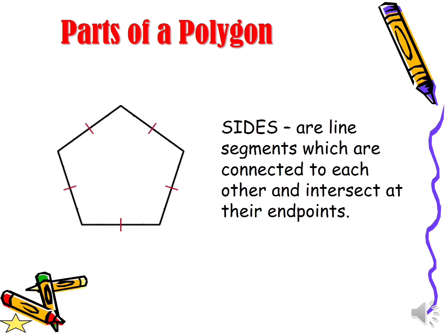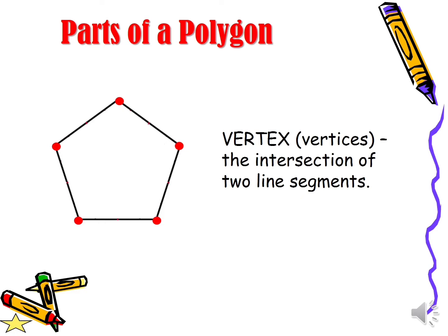Sides are line segments which are connected to each other and intersect at their endpoints. Vertex or vertices. Ginagamit natin ang vertex kung isang point lamang at ang vertices naman kung dalawa o higit pang point ang nagamit. Vertex is the intersection of two line segments.